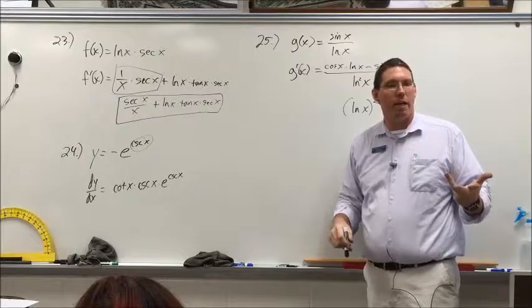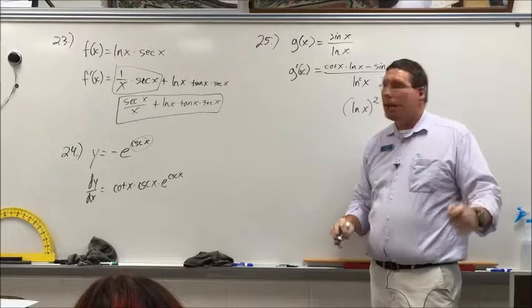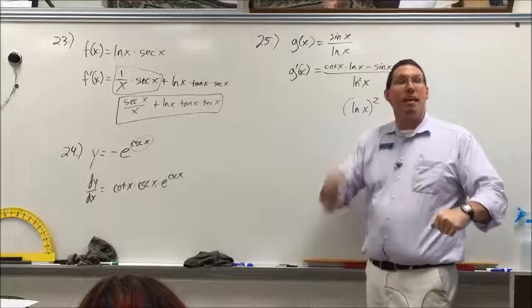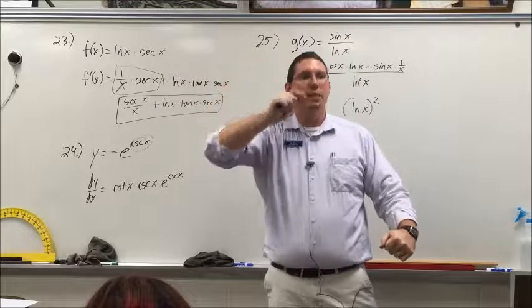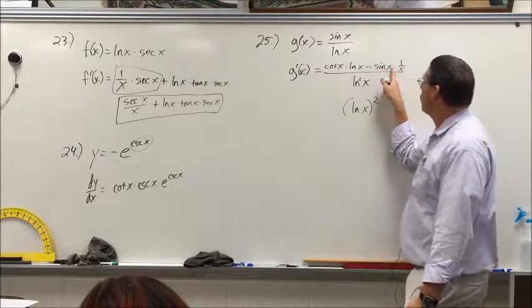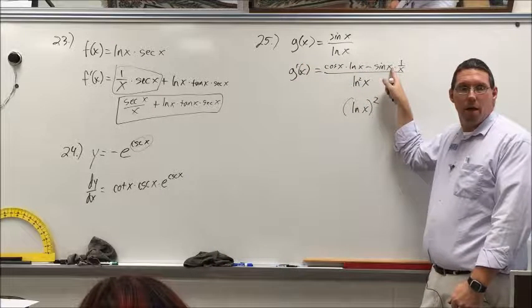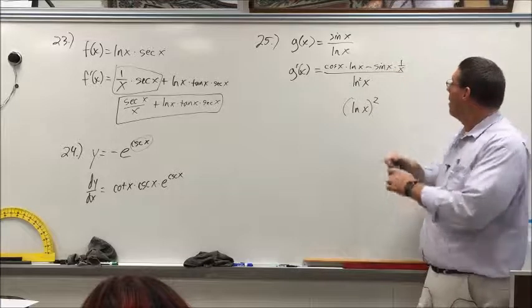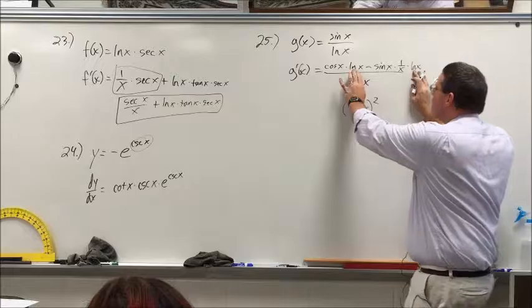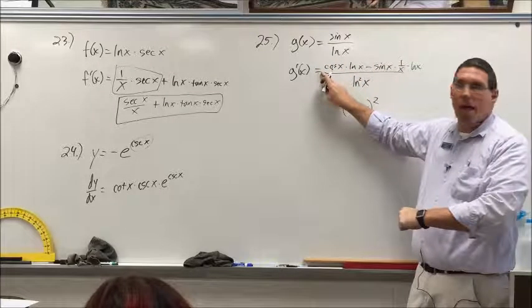But another way to understand it is if in a fraction, top and bottom, there is something in every single term, you can knock one out of every single term. There would need to be a natural log in this term here. If there was a times natural log of x here, I could then factor out a natural log.